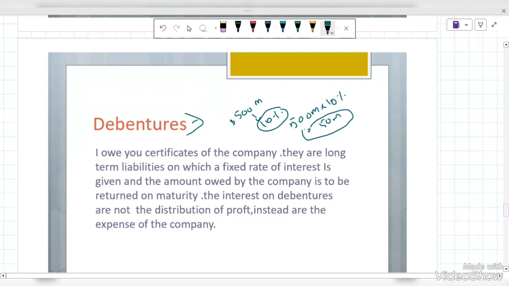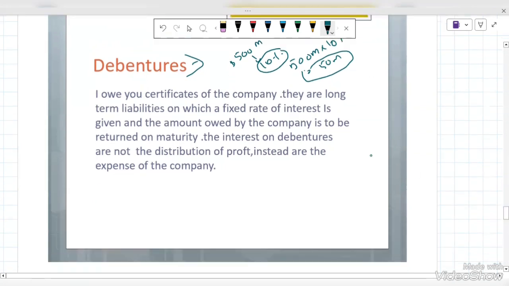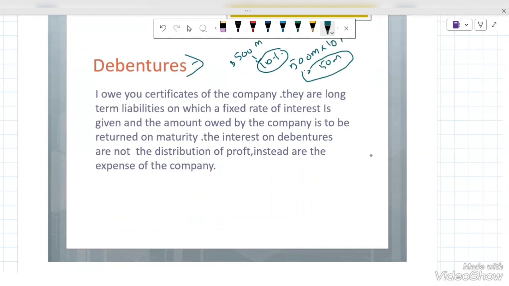You can get an amount as a loan, and you will have a fixed rate of interest that you have to pay to the debenture company after 1 month. So the rate of interest is fixed, like if it is set by the debenture company at 5%, it means that you have to pay 5%.